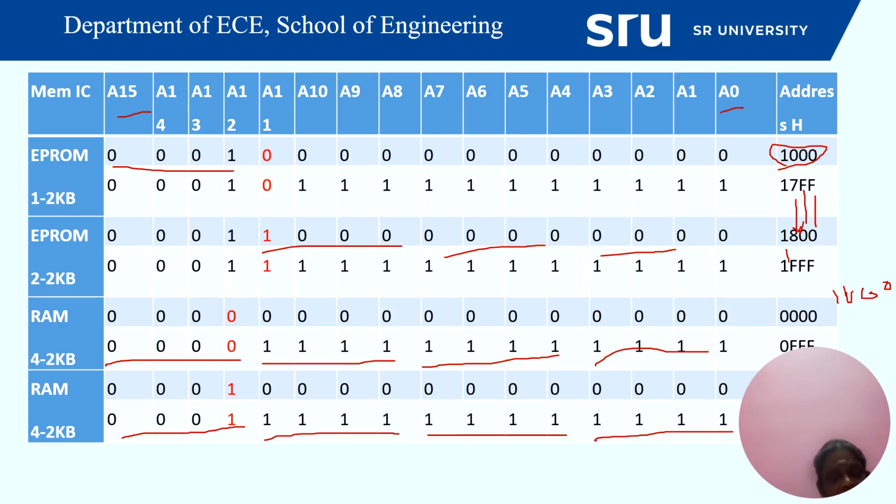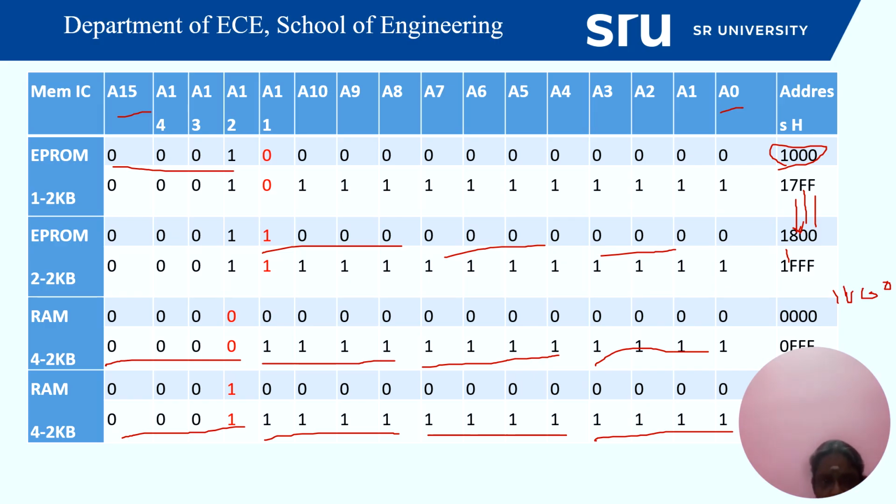In the previous slide, we talked about the chip select. So what is chip select? That chip select will be either 0 or 1, and that value will be taken from this designing itself.